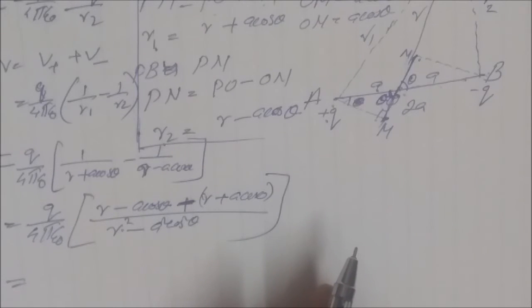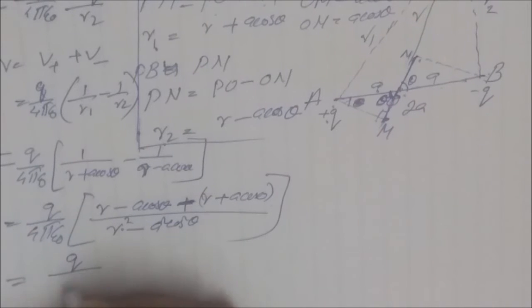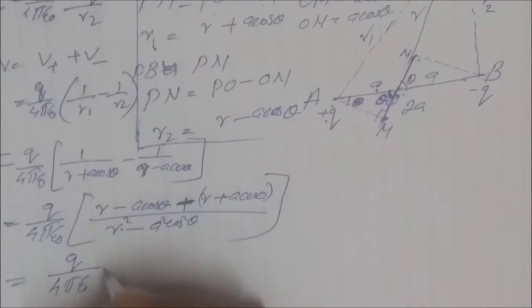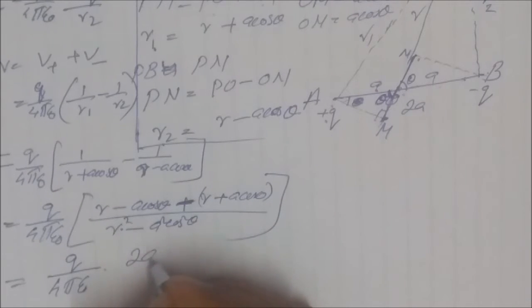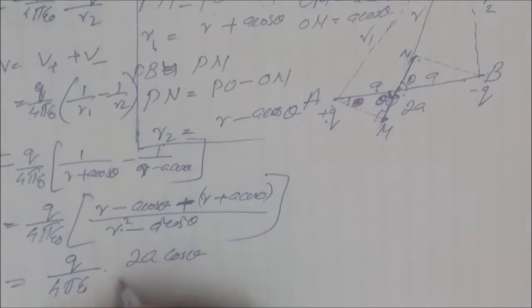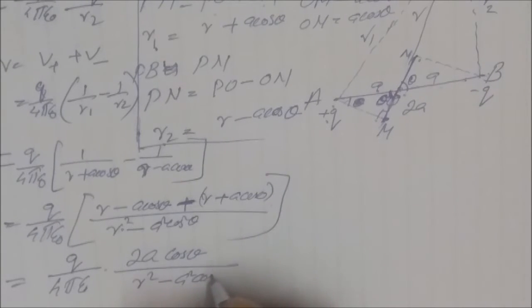And r and r get cancelled, so it becomes q by 4 pi epsilon 0 times 2a cos theta by r squared minus a squared cos squared theta.